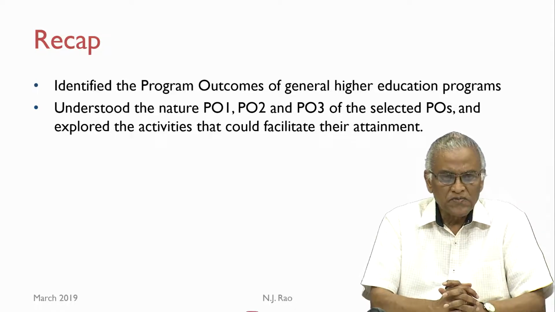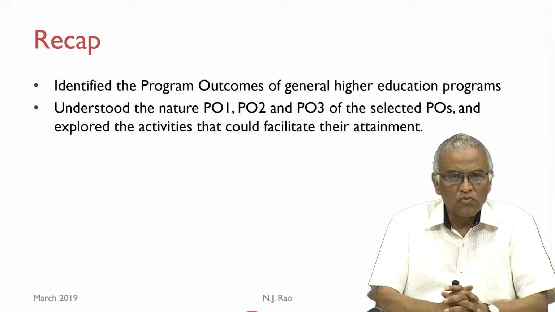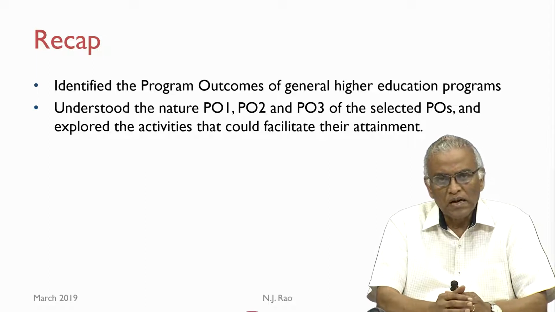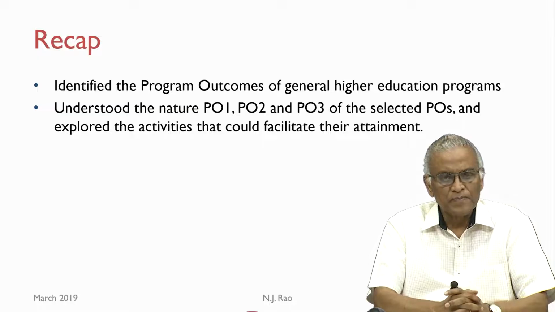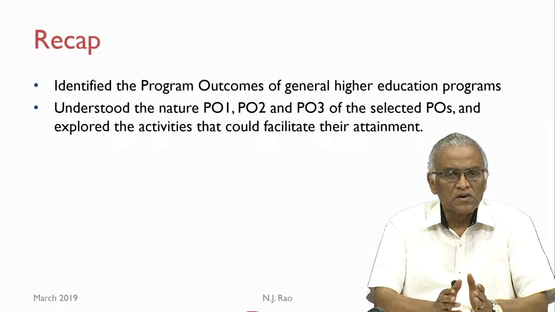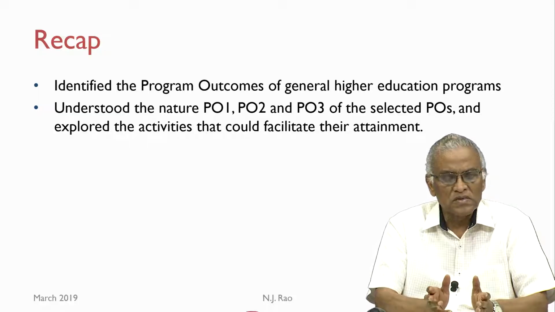And in that process we understood the nature of PO1, PO2 and PO3 of the selected 7, and explored what kind of activities could be incorporated in different courses that could facilitate their attainment.